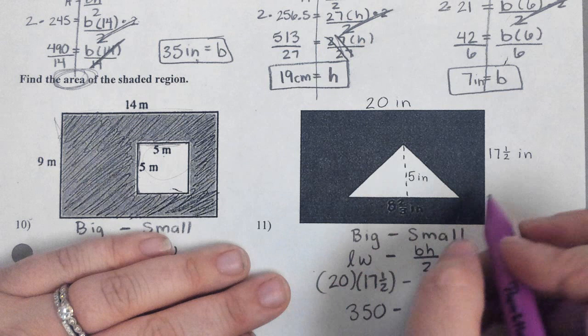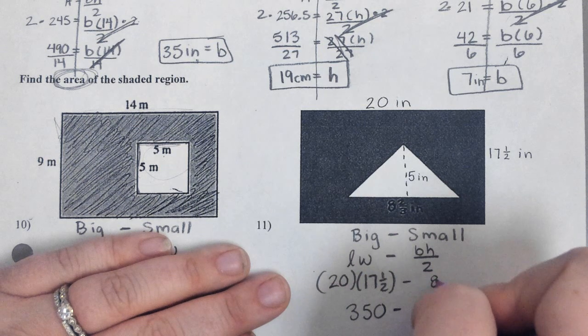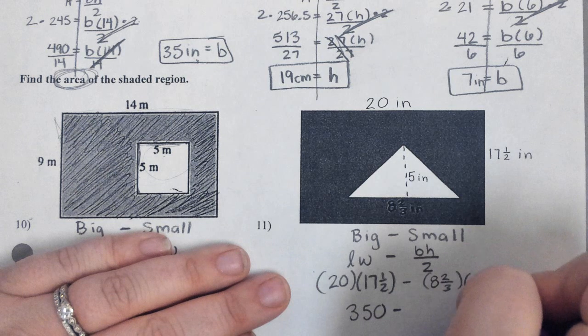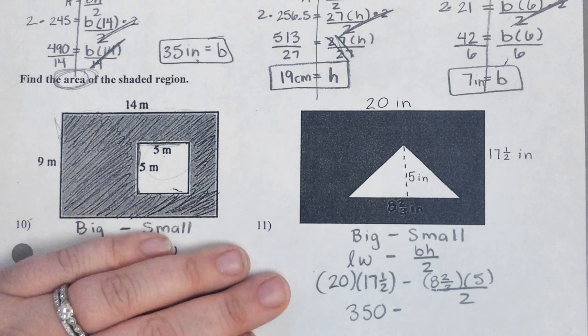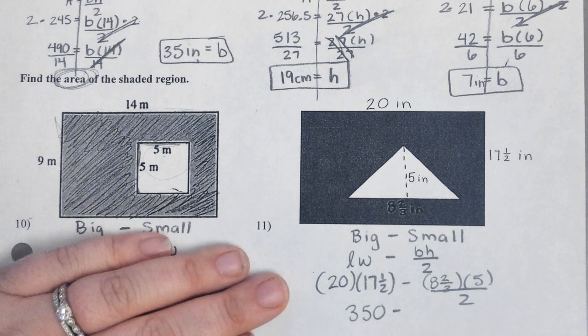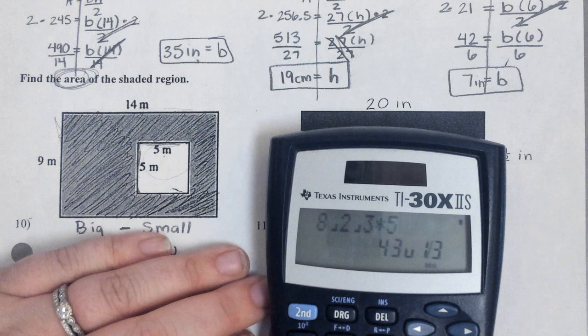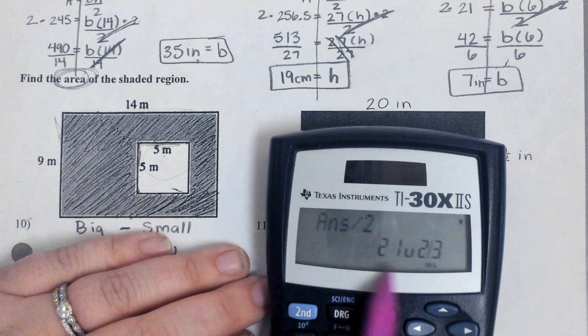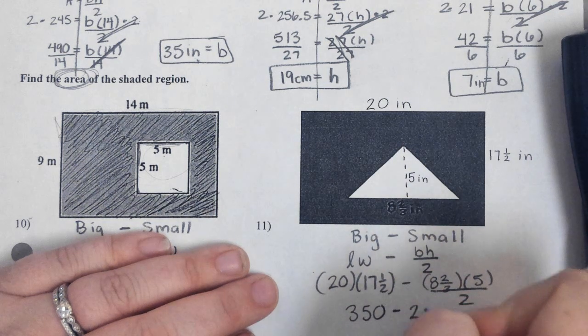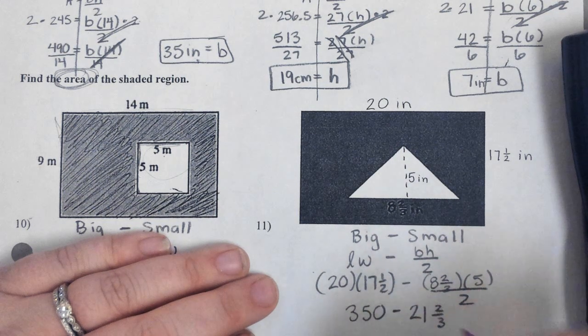So my base is going to be, looks like that says 8 2/3 times 5 divided by 2. Let's work that out. 8 2/3 times 5. I got that was 43 1/3. Then I'm going to just hit divided by 2. So my final answer here is 21 2/3.